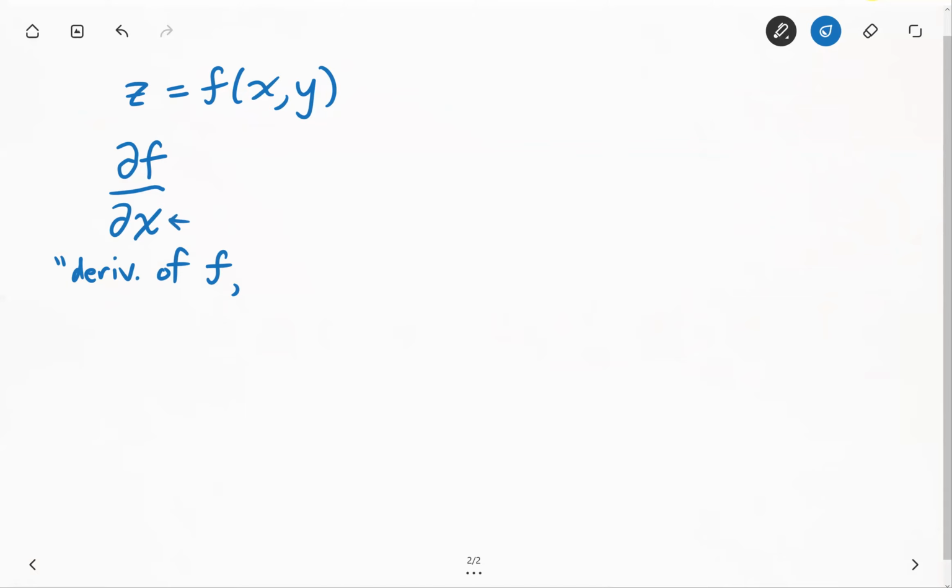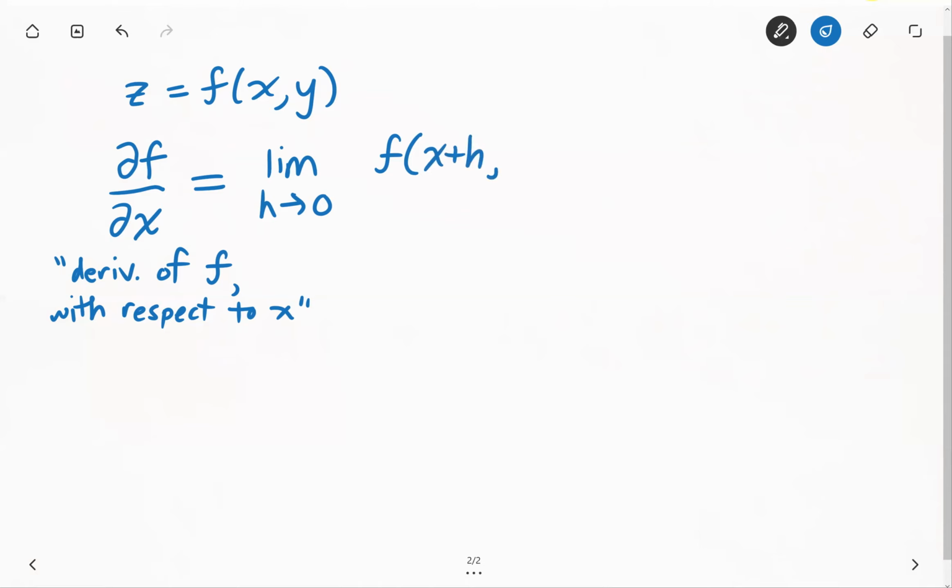We have an x down there. So we'd say the derivative of f with respect to x. We could define that kind of the same way we would define it in Calculus 1, and say this is f of x plus h comma y minus f of x comma y all divided by h.